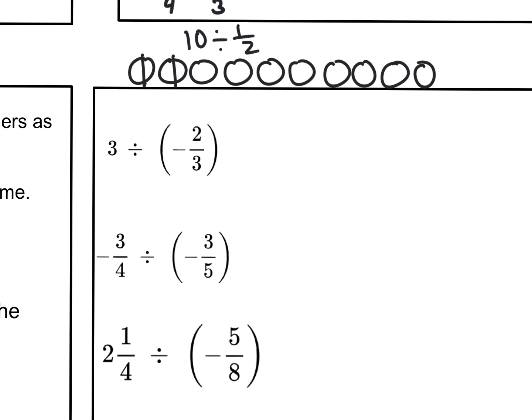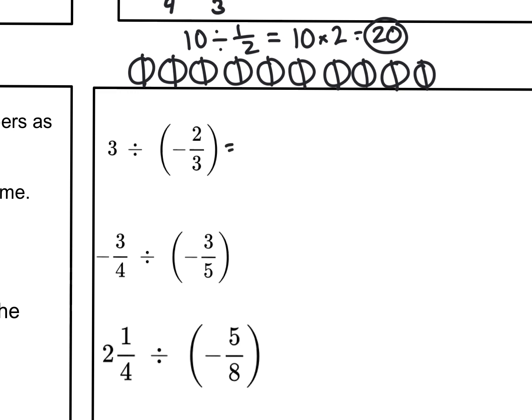So now I'm going to cut each of these into halves. What was 1 now becomes 2. So this is equivalent to also taking 10 times the reciprocal of 1/2, which happens to be 2/1 or 2. And that's another way that we can get our answer of 20.